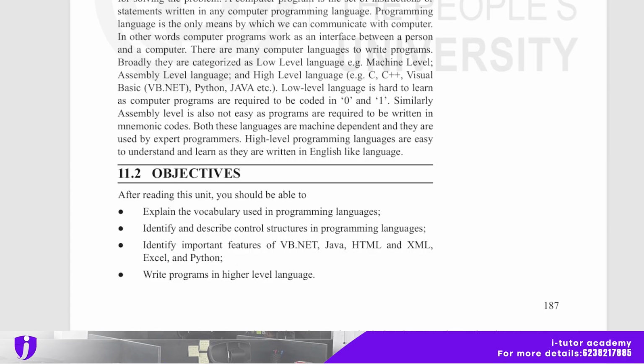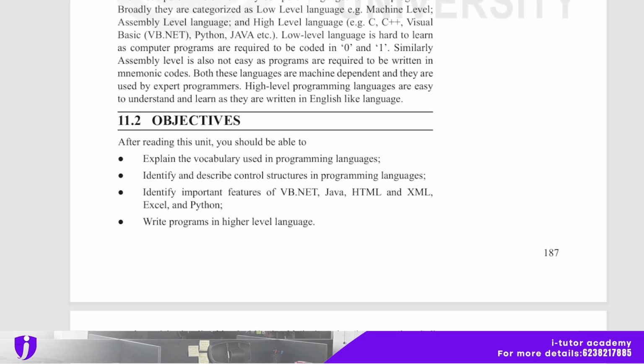A computer program is required to be coded in 0s and 1s, and similarly assembly level is also not easy, as programs are required to be written in a coded way, and both these languages are machine dependent, and they are used by expert programmers. High-level programming languages are easy to understand and learn, as they are written in an English-like language.